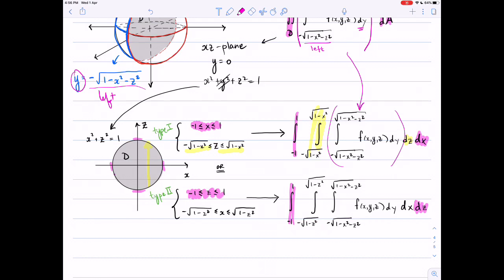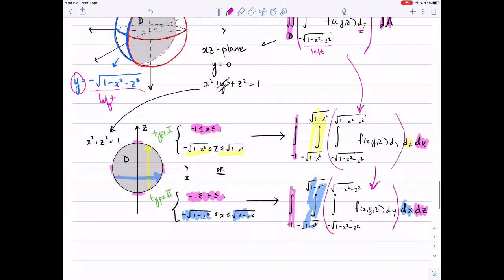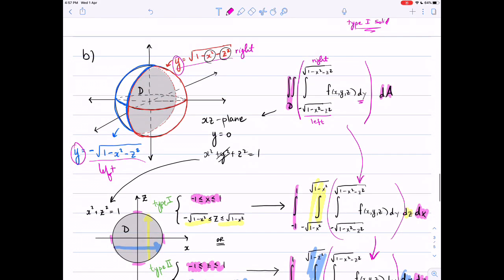X, for a fixed z value, goes from minus the z root to positive the z root, so there is the x integral, and then the innermost integral is exactly the same one as above because we are doing this all as a type 3 solid.